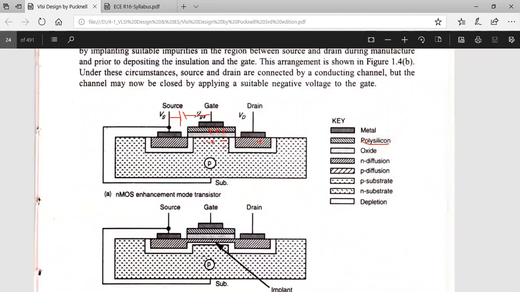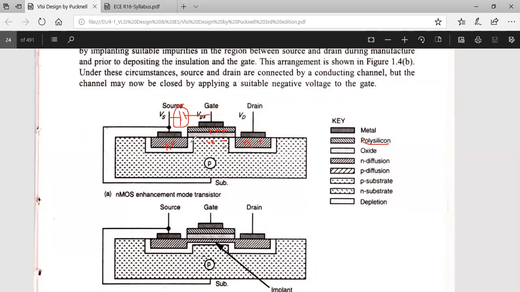Then the third part is when I further increase my positive voltage. This is n type, n plus, highly concentrated n type, and this is also highly concentrated n type. So there exists a path between the source and the drain due to the increase in the voltage between the source and the gate.